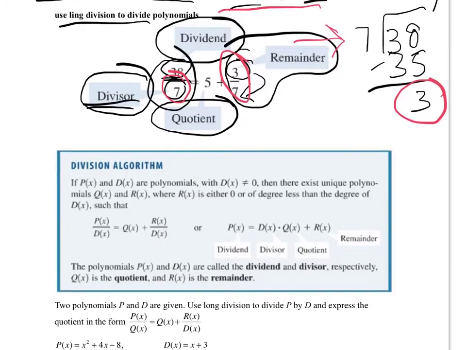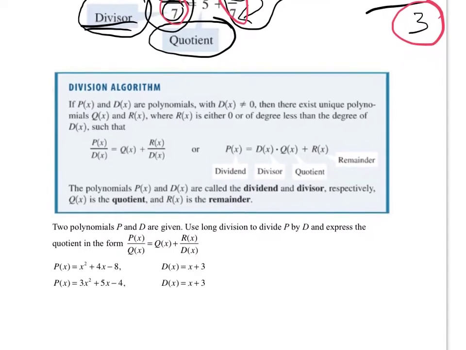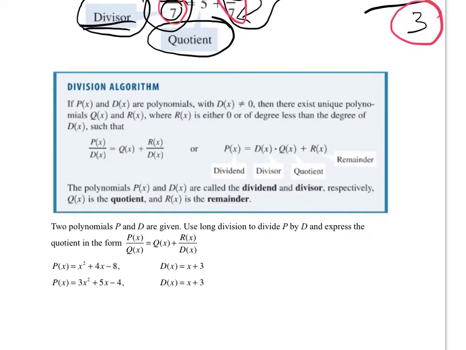But we review that because I wanted you to understand that when we use this division algorithm for polynomials, we're essentially doing the same thing, except our divisor is a polynomial, and our dividend right up here, the numerator, is a polynomial, the denominator is a polynomial, the quotient is a polynomial, and the remainder is a polynomial.